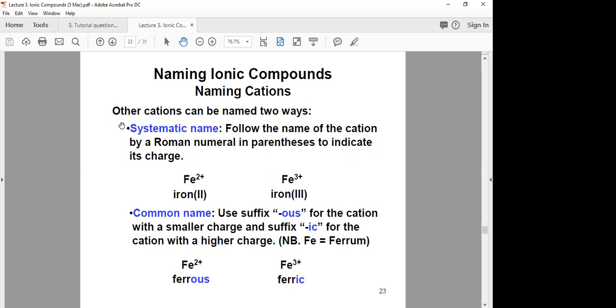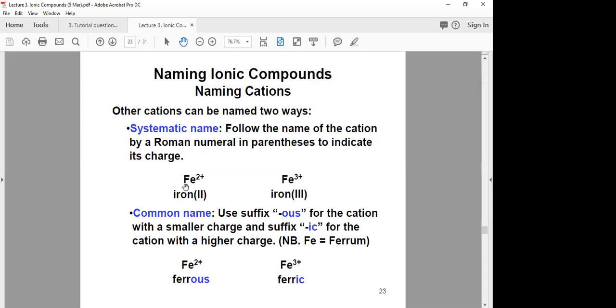Now, these metals that form variable charges can be named in two ways. We can use the systematic name, or we can use the common name. I want you to be familiar with both, because they both come up quite frequently. With the systematic name, we simply follow the name of the cation by a Roman numeral in brackets to indicate the charge.